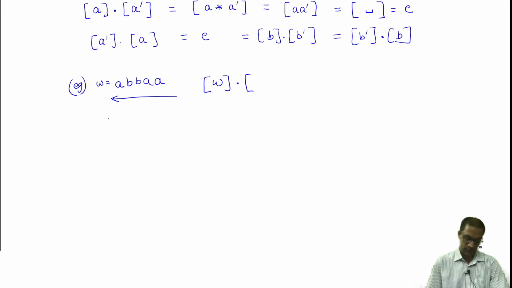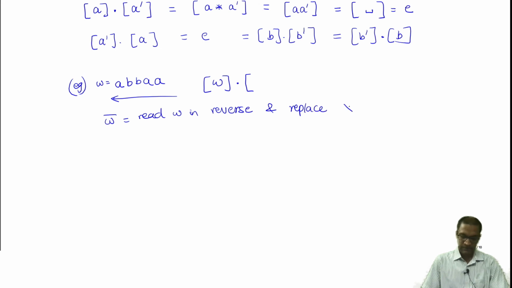So here's the prescription: the inverse of W, let me call it W bar for now, is just W read in reverse, replacing each letter by its dash.